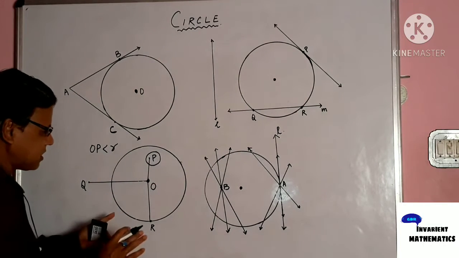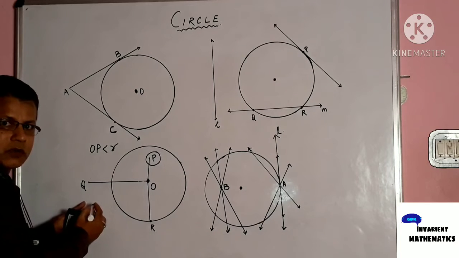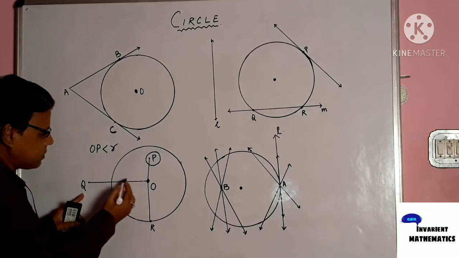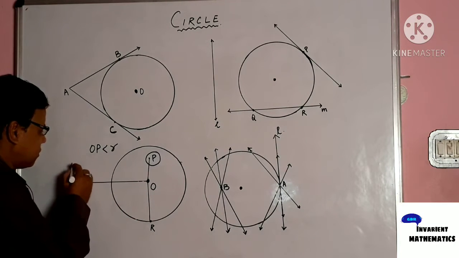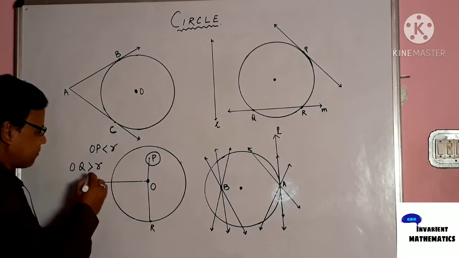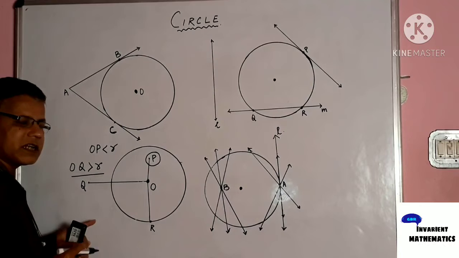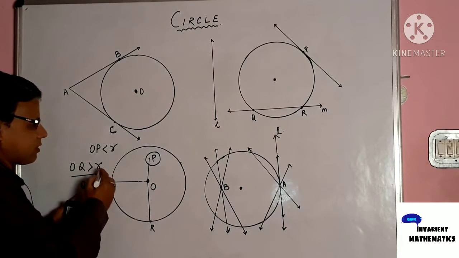Now comes the second point, that is Q. If we join Q with center O, then OQ is greater than the radius. As OQ is greater than the radius, Q is an exterior point of the circle.